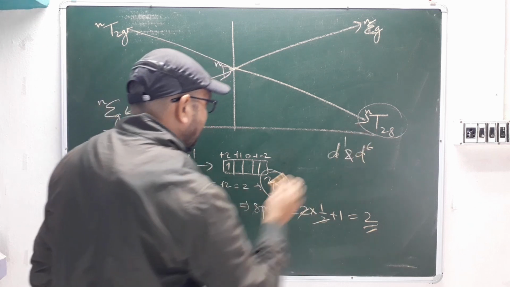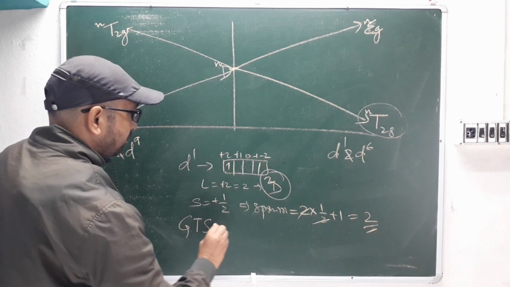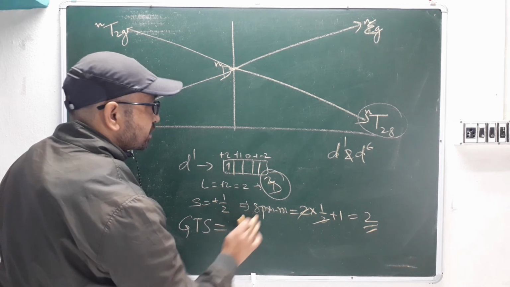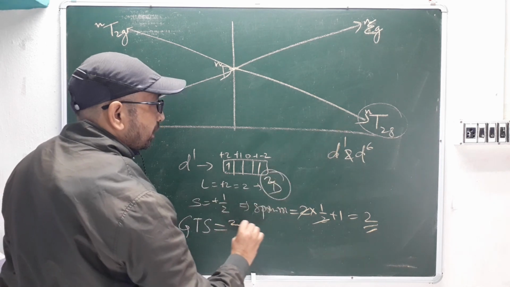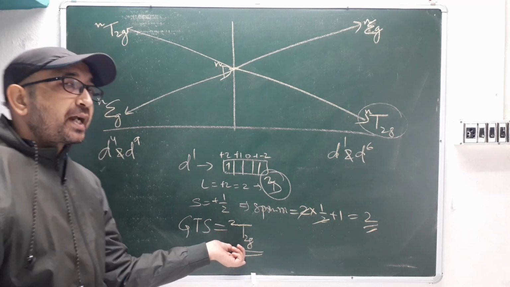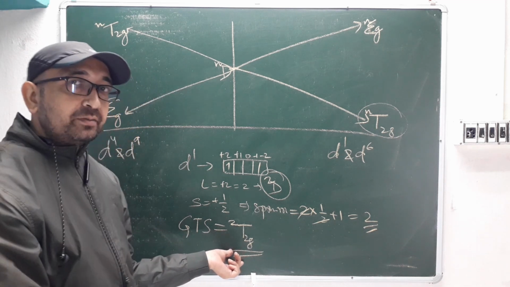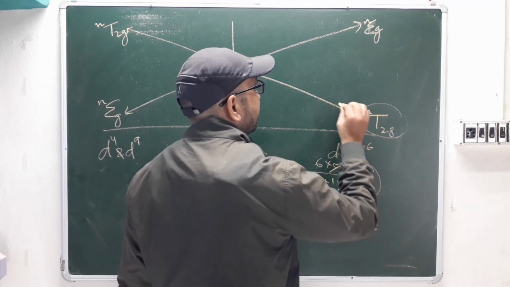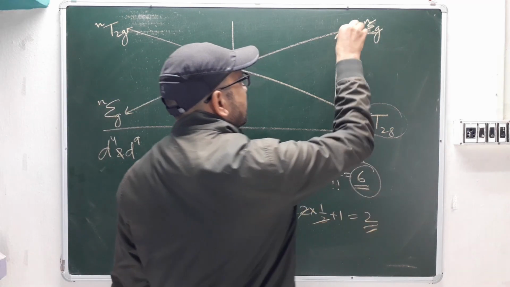If they ask for the ground term symbol, GTS, here n equals 2, so 2T2g will be your ground term symbol. If they ask only for the atomic term symbol, it is 2D. It will happen from T2g to Eg.